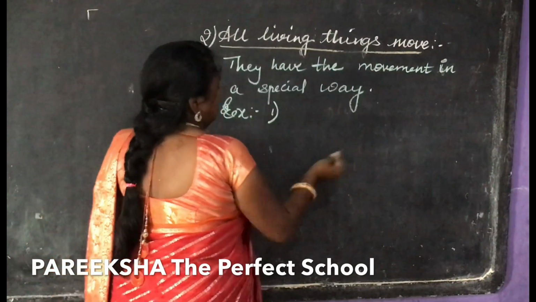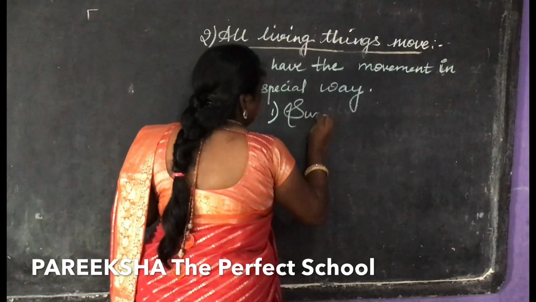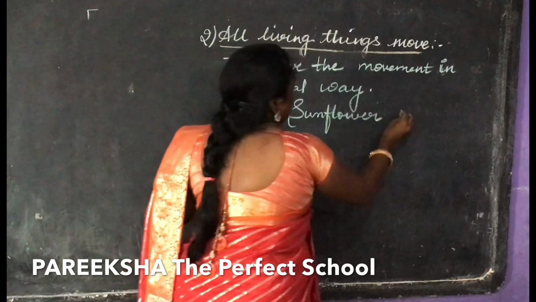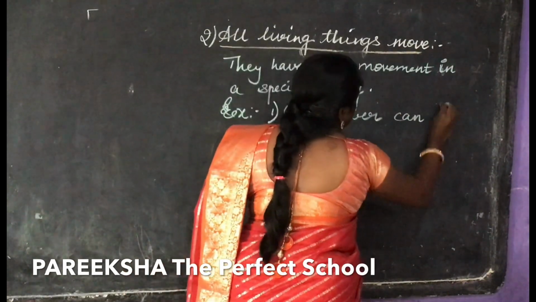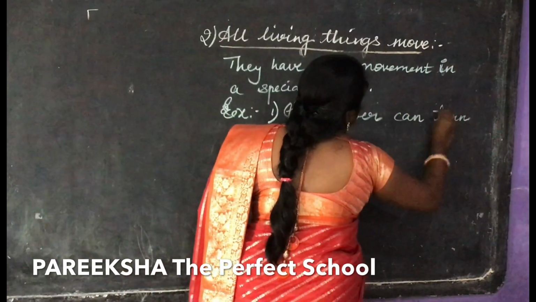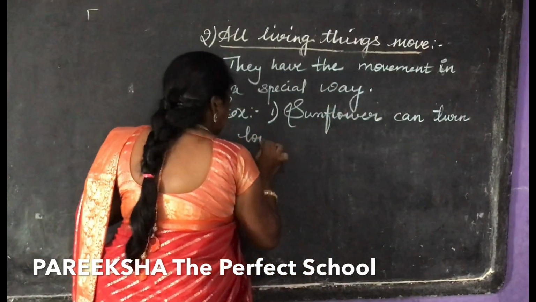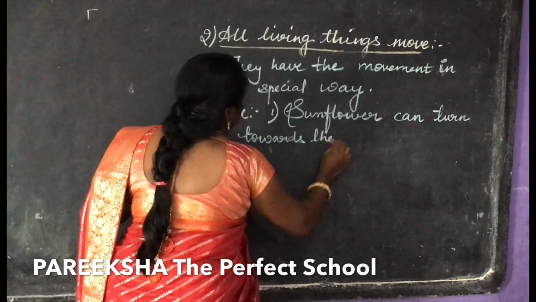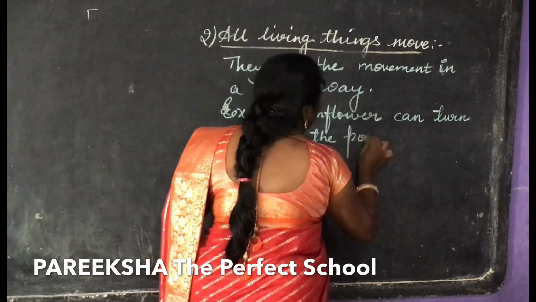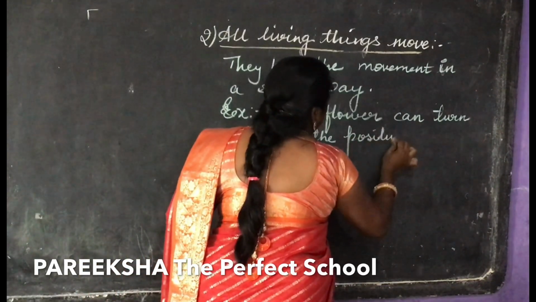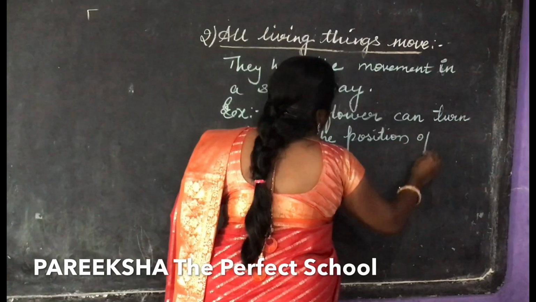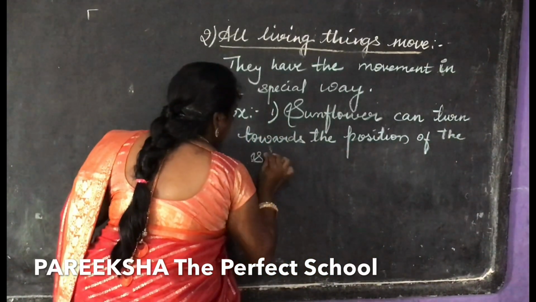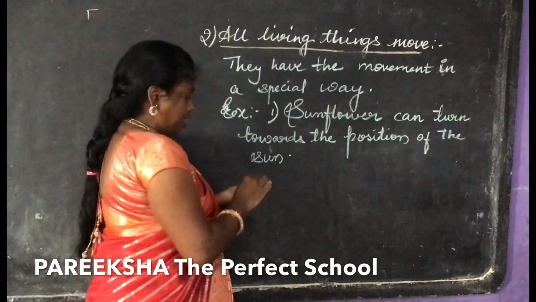The first one is the sunflower. The sunflower always turns towards the position of the sun.